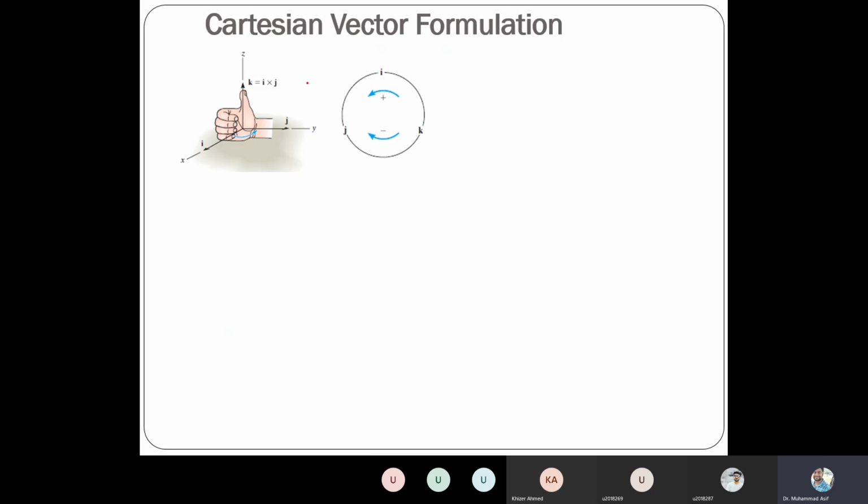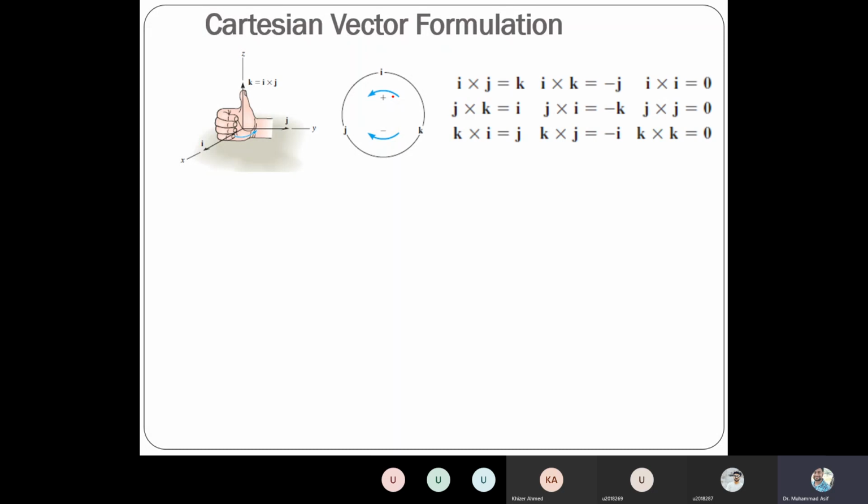There is a rule: you make a circle I, J, K. If you take the product I cross J, you will get K. K cross I gives you J. If you reverse the direction, I cross K will give you minus J. So the reverse direction gives you minus, and the I, J, K direction gives you positive.